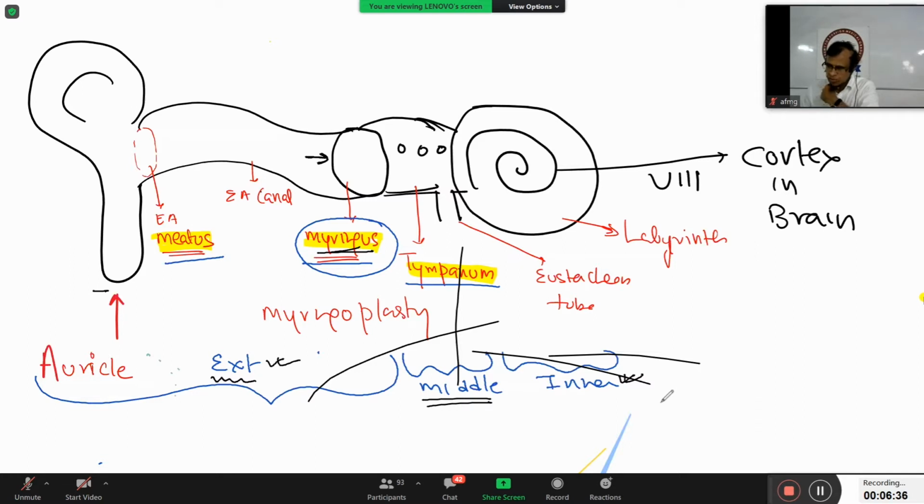What is the use of screen sharing? Control C. Lalit, take a look.